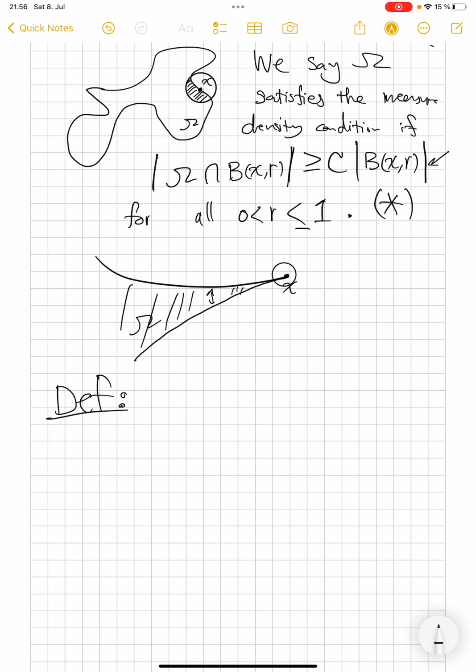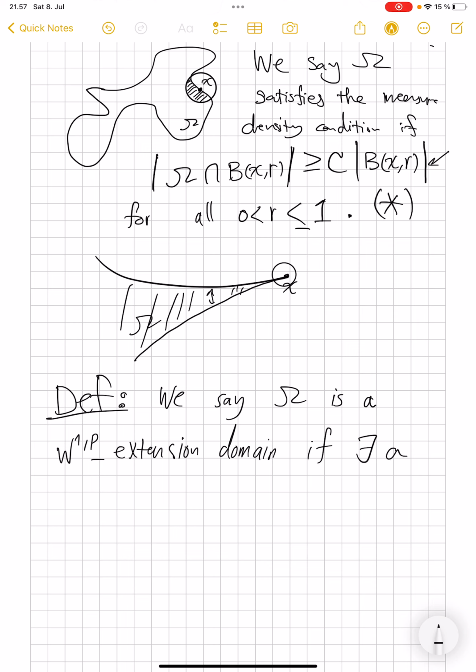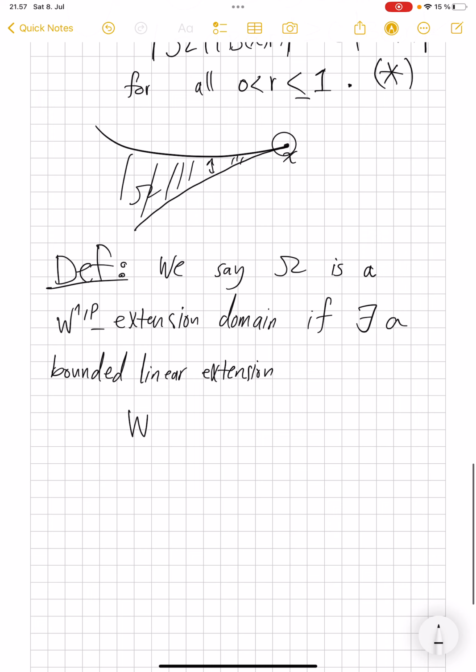A second definition we need is that we say omega is a W^{1,p} extension domain if there exists a bounded linear extension operator from W^{1,p} of omega into W^{1,p} of R^n.